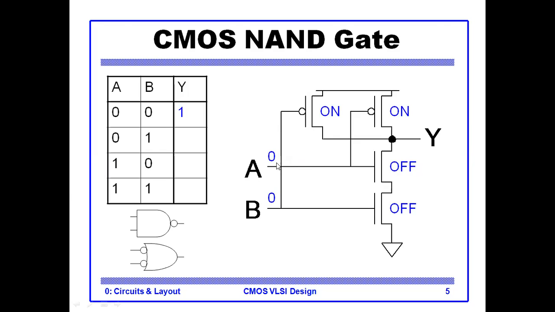So both PMOS transistors go into the on condition and the NMOS transistors are off. So when we apply 0 0, VDD will appear across the Y terminal.